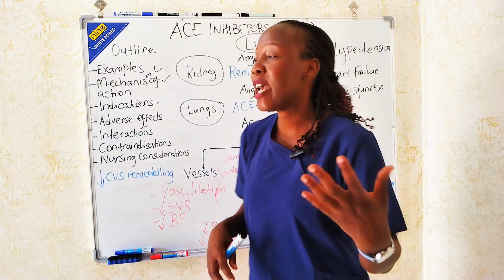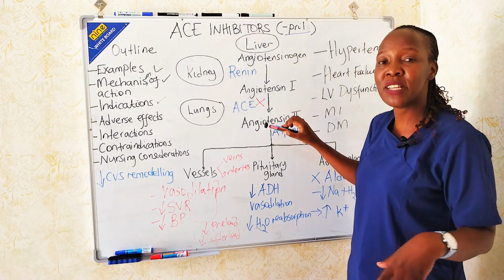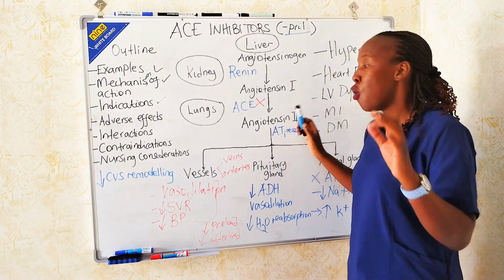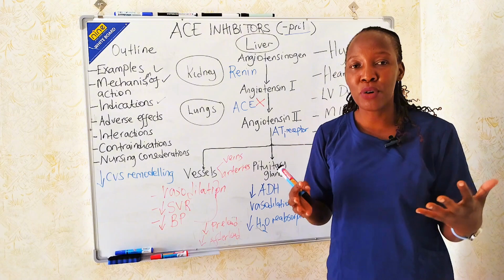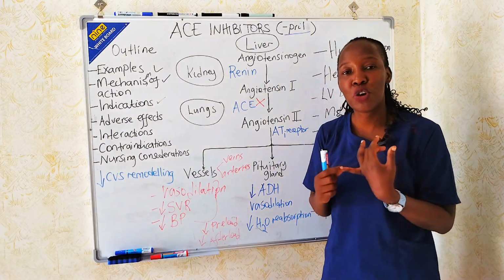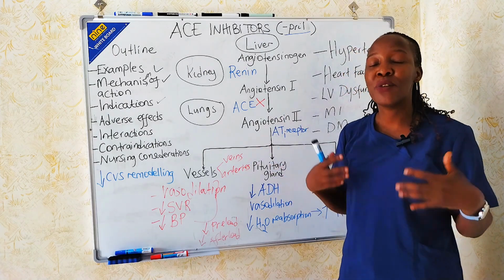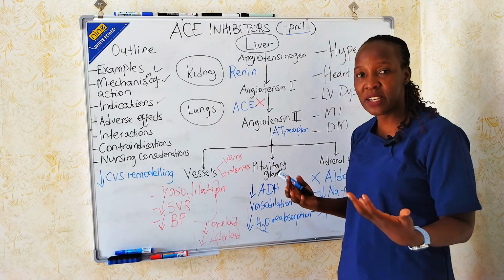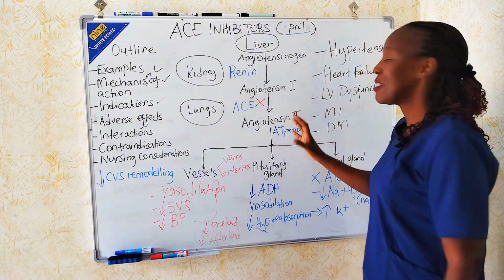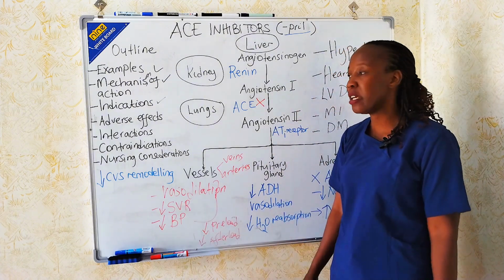And because of the effects of drugs that inhibit the renin-angiotensin effects on cardiac remodeling, these drugs are considered first choice drugs in clients with hypertension and with heart failure. Okay, it really ties down to the cardiac remodeling and CVS remodeling effect.